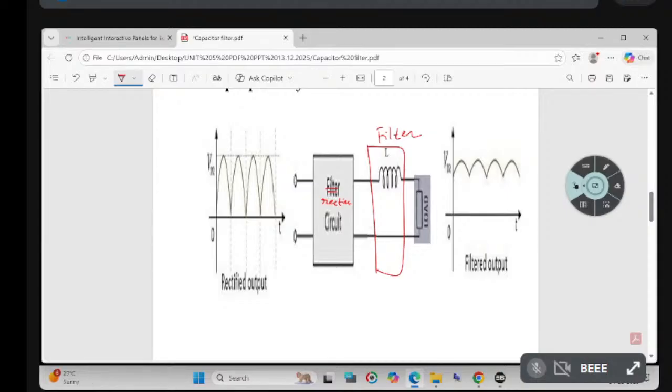Inductor filter or series inductor filter, we can call it anyone, because always it is connected in series. Always inductor is connected in series with the load. Inductor always connected in series, capacitor always connected in parallel. This is called series, continuous current will flow.